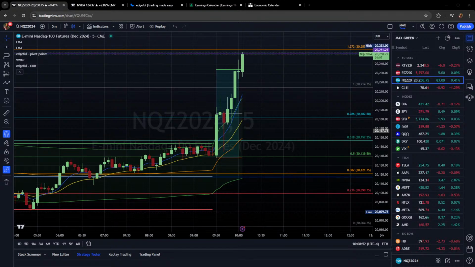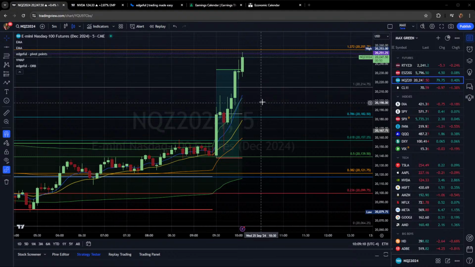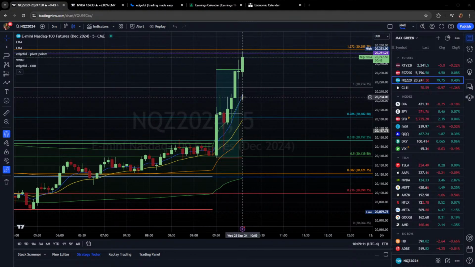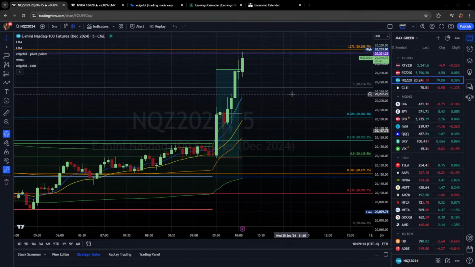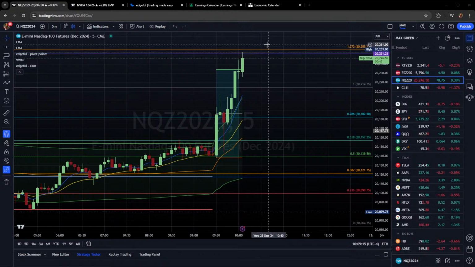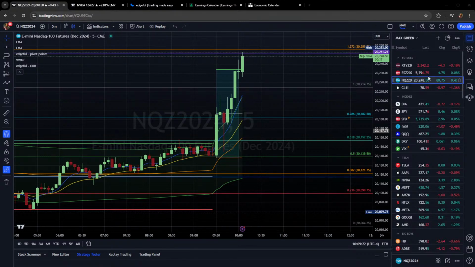A small size, because I just want to see what happens. And I can take a small add right there, because we are extended from this. Where's SPX at? 40. Where's ES?